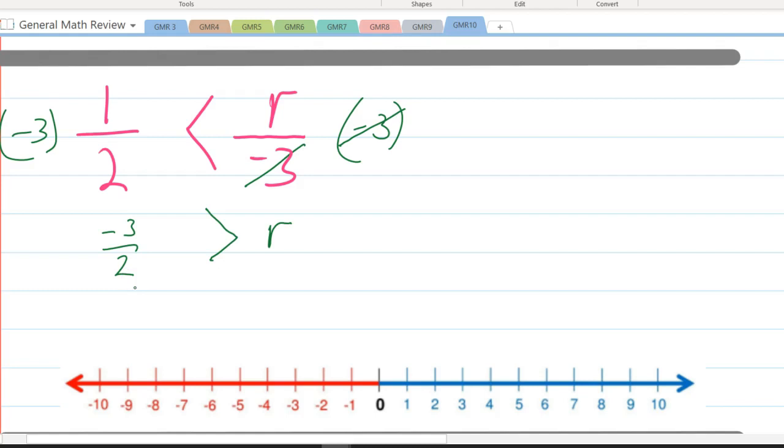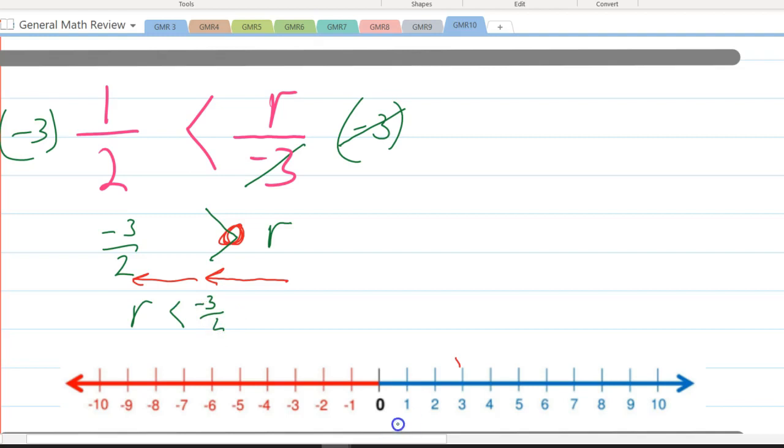The r is standing on the wrong side, so I need to write it backwards. I'm going to start with the r, write the inequality, and then write the number. Notice the pointy end is pointing to the r, so I make sure when I rewrite it, I do that. r less than, the pointy end is pointing to the r, negative 3 over 2.